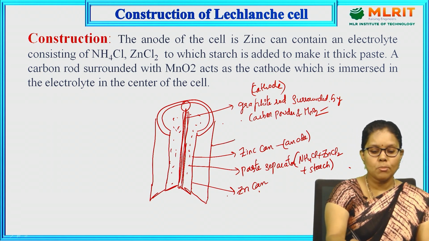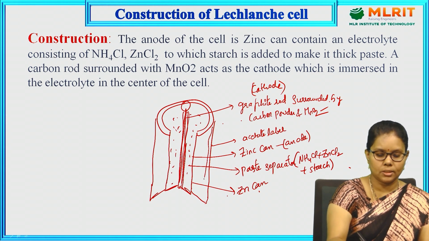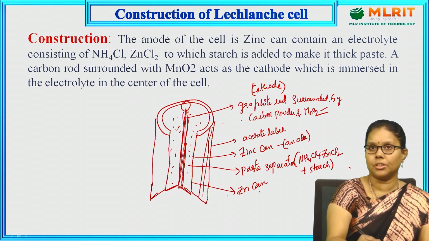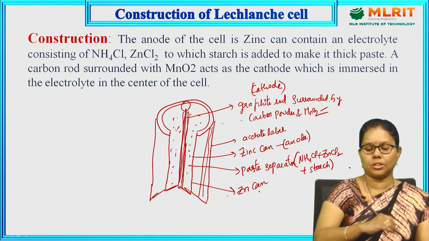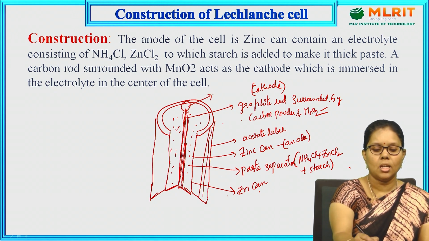The outermost layer is the acetate label. It consists of a number of layers. If we open the cell, this is the open cell structure. At the top it has a metal cap, which is the positive terminal.